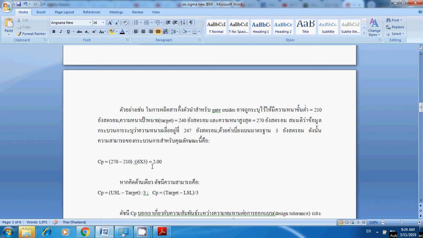That gives you 2.0. If you calculate only one side, the capability index is Cp equal to USL minus target divided by 3 sigma, or Cp equal to target minus LSL divided by 3 sigma. Sorry about that.